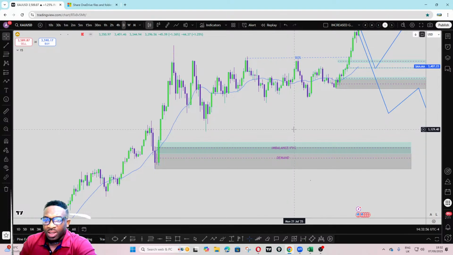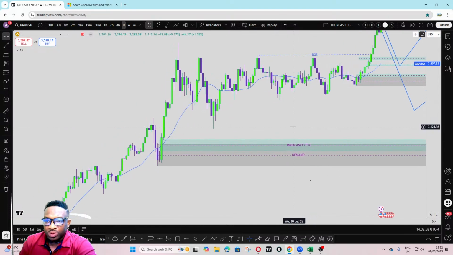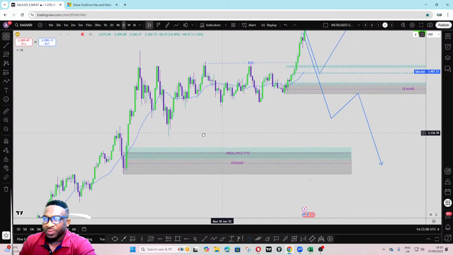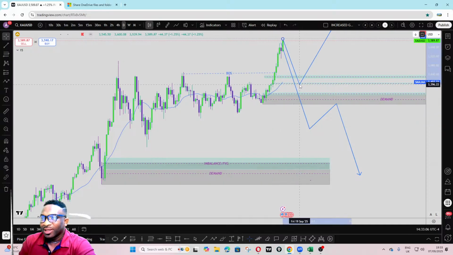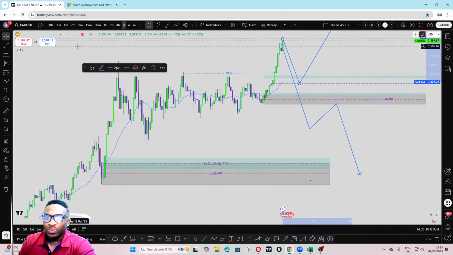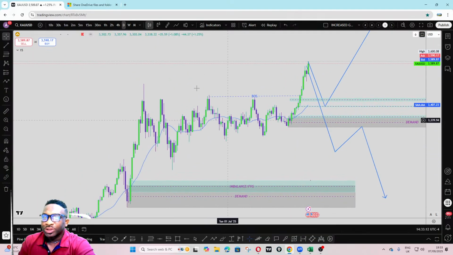So just be on the watch out for this. So it's a kind of a unique option we have here, as we don't have any old data on the left hand side to help us make a much more concrete decision, because this is an all-time high.